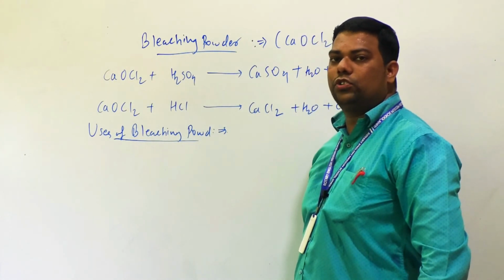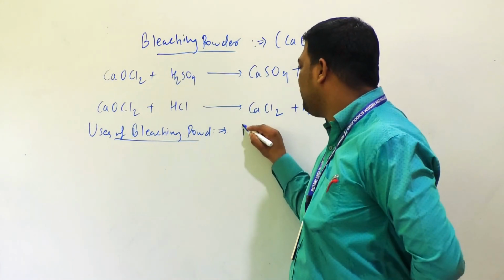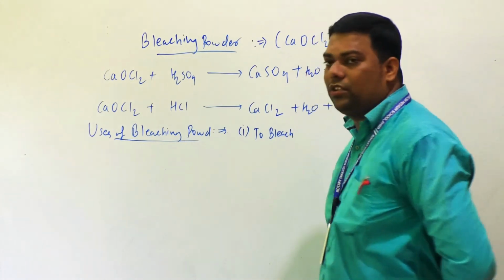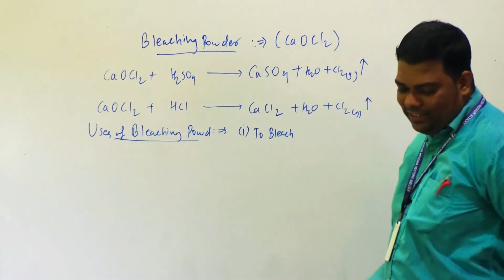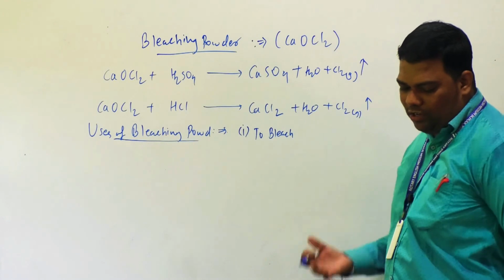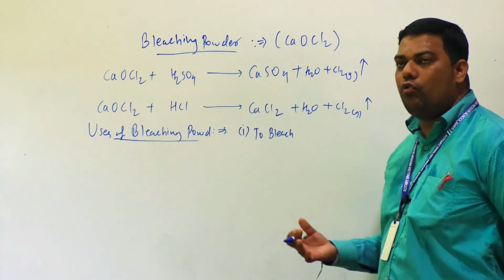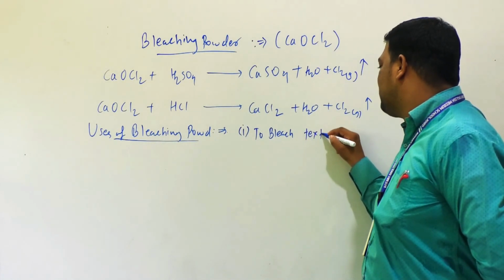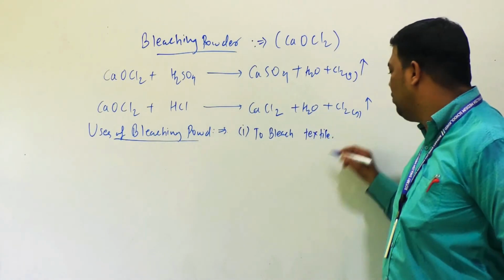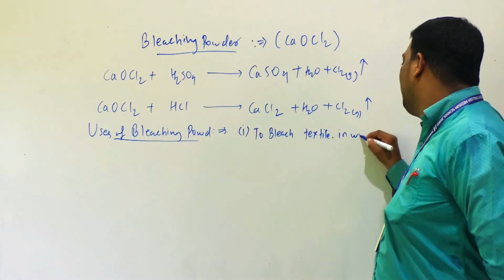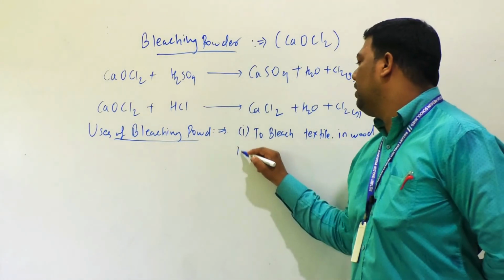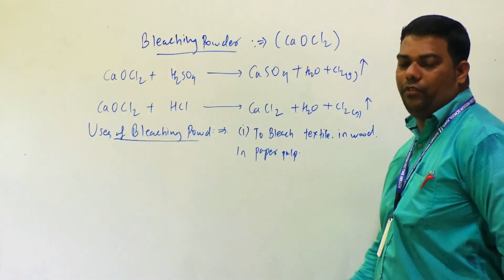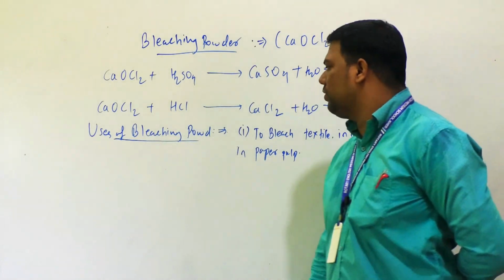It is mainly used to bleach textiles, such as cotton in the textile industry, wood, and paper pulp, whatever paper we are preparing. Understood?